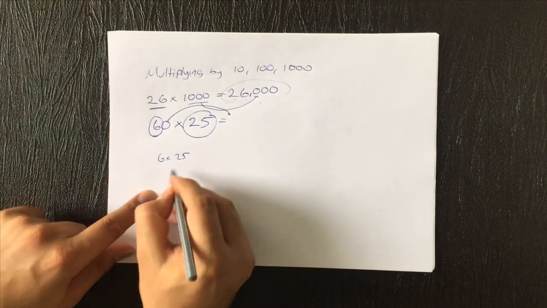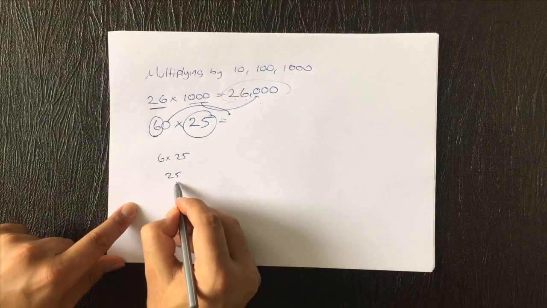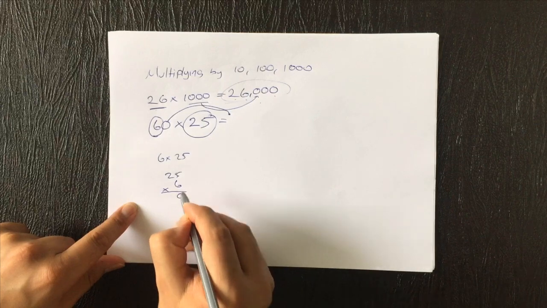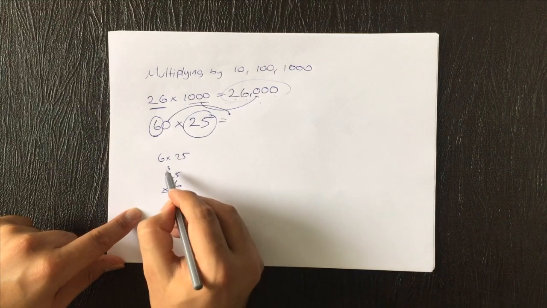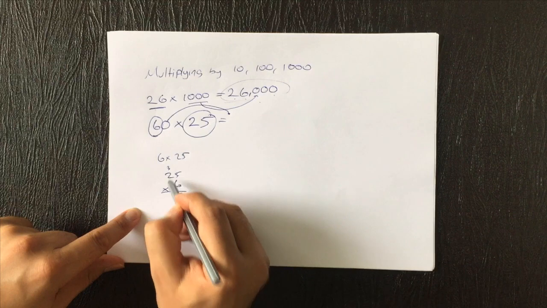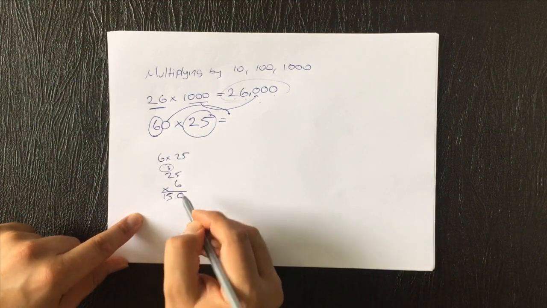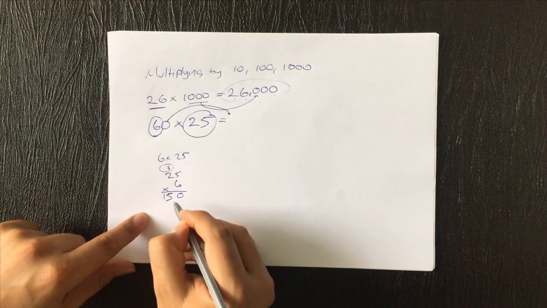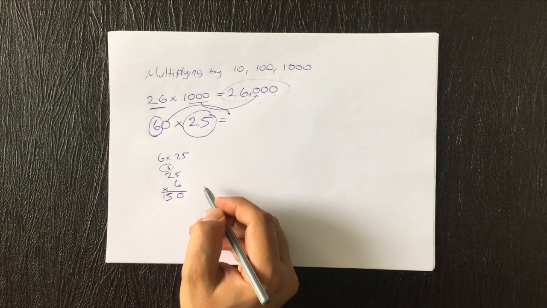So let's do 25 times 6. 6 times 5 is 30. Then you have to add 3 here, in the tens place, because now it is tens. Everybody knows this. 6 times 2 is 12, plus 3 is 15. So 150 it is.